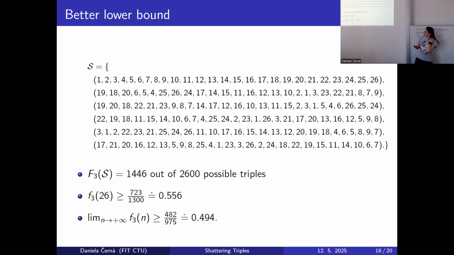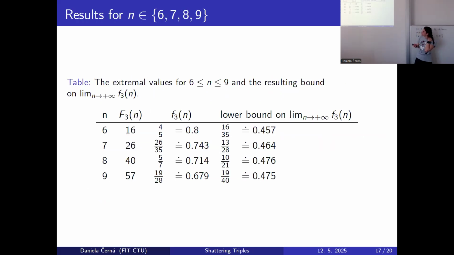Also, these numbers actually give you an upper bound for all the next numbers because of the monotonicity. So although our upper bound was 1/2 plus O(1/n), here you also have numbers that can be used as an upper bound.